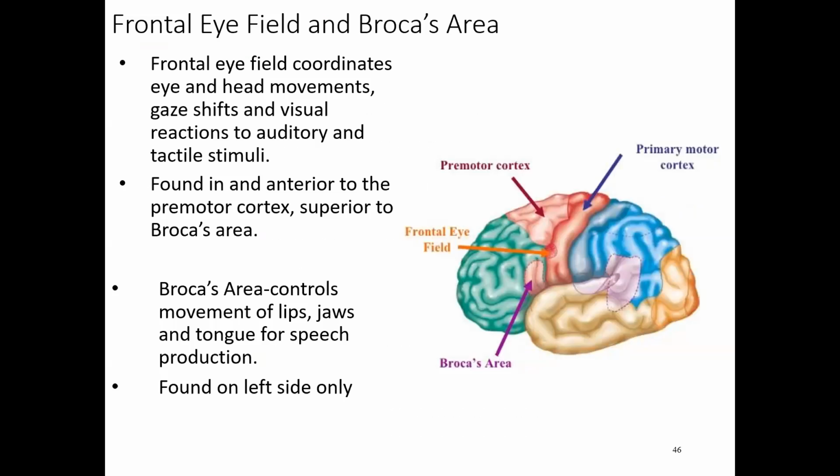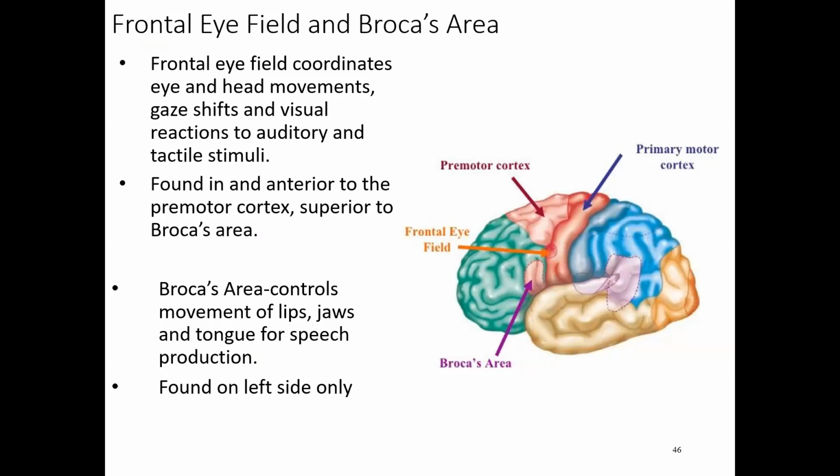Okay, the last thing we talked about, we were looking at motor areas in the cerebral hemispheres. The frontal lobe is the source of most of our motor areas, the primary motor cortex and the premotor cortex.